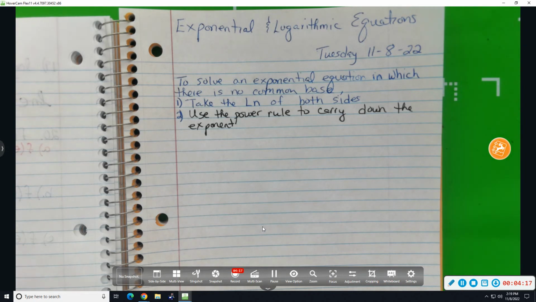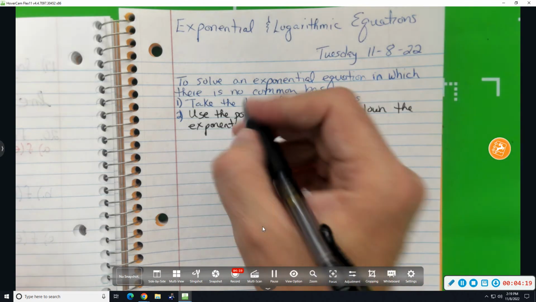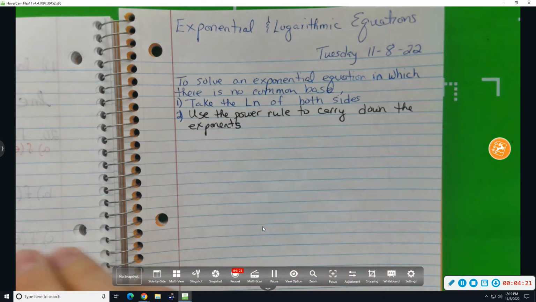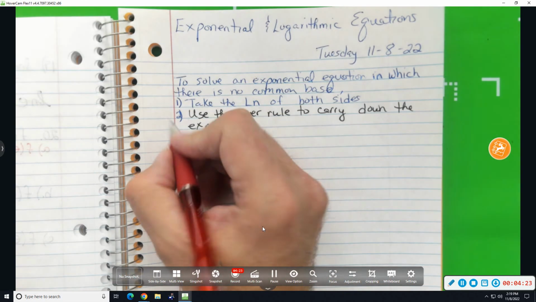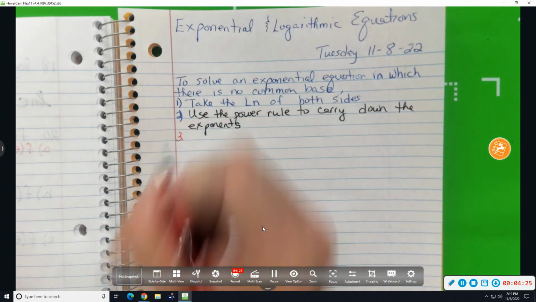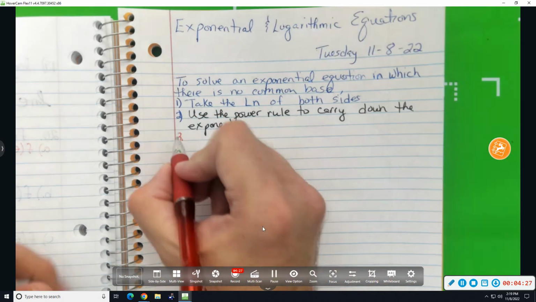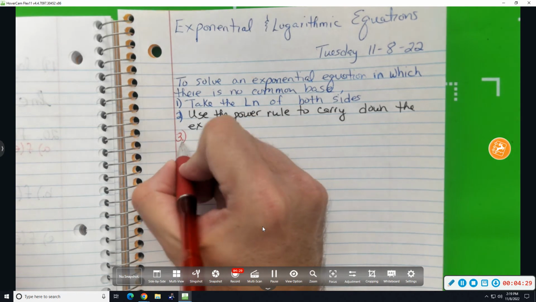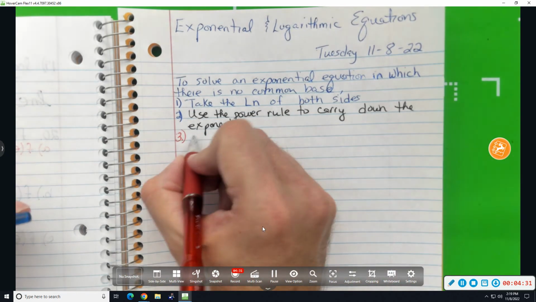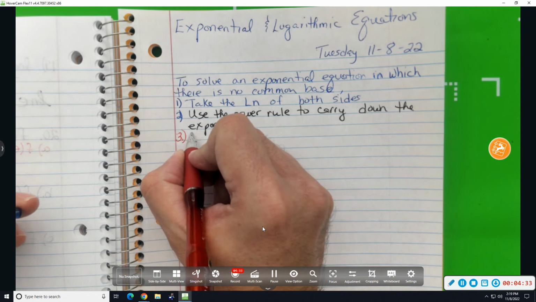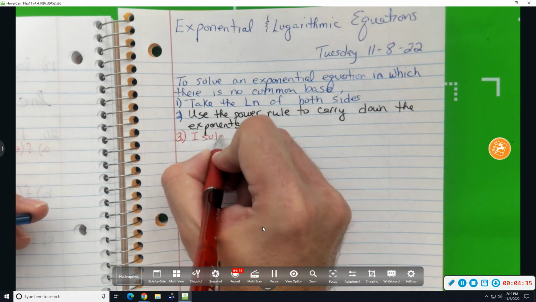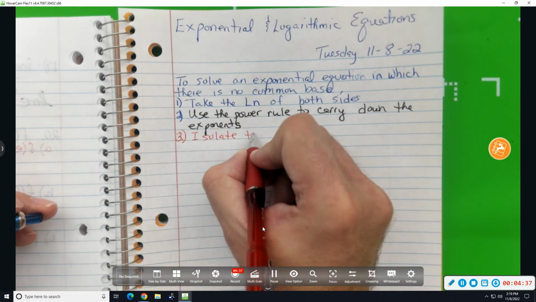There's probably going to be exponents on both sides. Step 3. Isolate the x value.